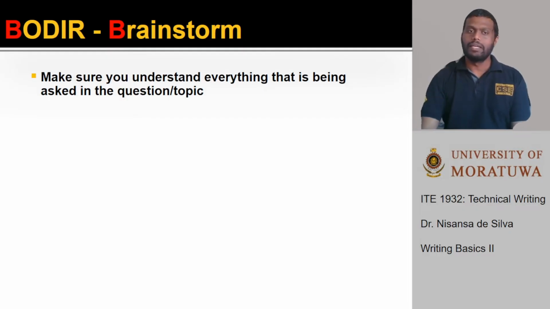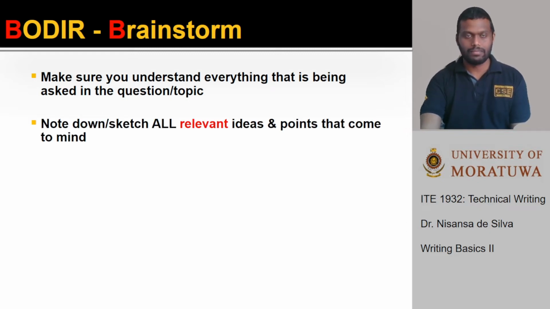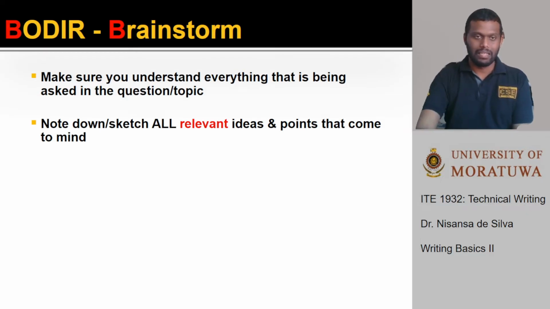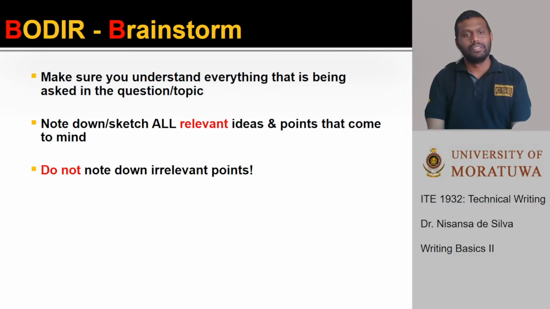The idea of a brainstorm is to make sure that you understand everything that is being asked in a question or a topic. You are to note down or sketch all the relevant ideas and points that come to your mind. Well, do not note down irrelevant points.